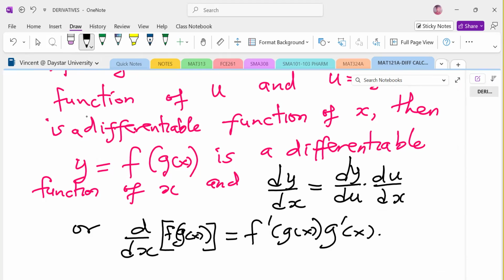So what you do, you identify one part of the function, you let it be u, and then the function becomes a function of u. Then to get the dy dx, you find dy du, then multiply by du dx.